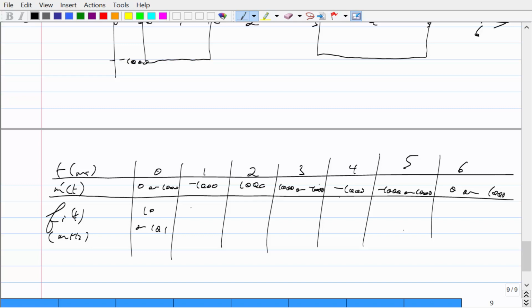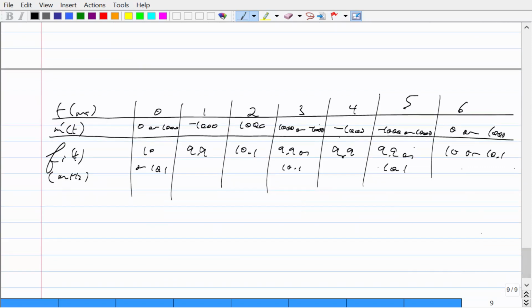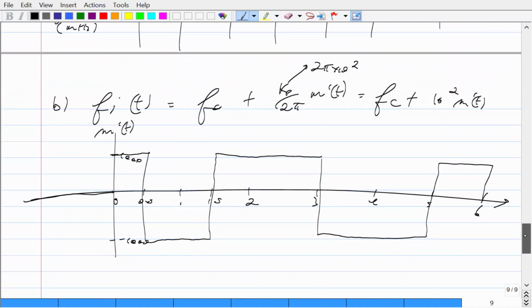So at 1, this will give you 9.9. At 2, this gives you 10.1. At 3, it'll either give you 9.9 or 10.1, depending on which situation you use. The next is 9.9 or 10.1, and the one after is 10 or 10.1. It doesn't matter; either of these definitions is perfectly acceptable. Okay, so that is part B.